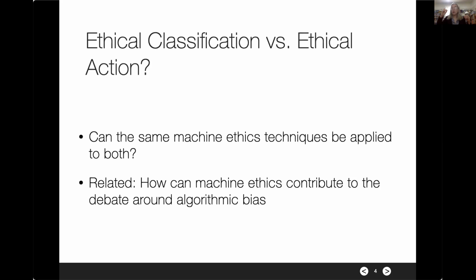But also, when we're looking at our machine ethics systems, even if it's a theorem-proving system, we should be thinking about bias, because we're encoding these rules. Some of them are obviously, women and children first is a long-standing ethical rule, but there is clearly some sort of value judgment about the worth of different lives in there, which gets you into the algorithmic bias area. So I think there should be more interaction between these two fields.